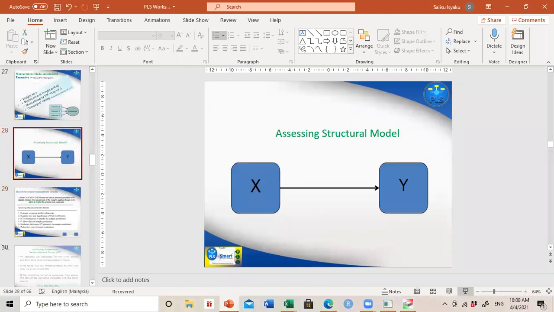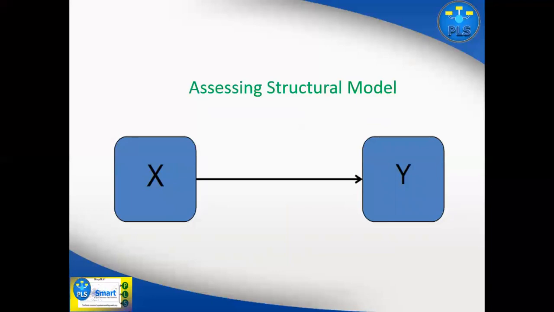So, ladies and gentlemen, we want to assume that our model is full of validity and reliability. So the next is we want to see whether what we hypothesize is according to our wish or against our wish.